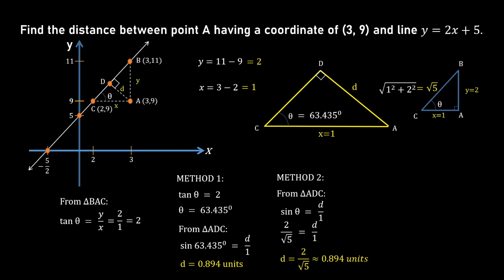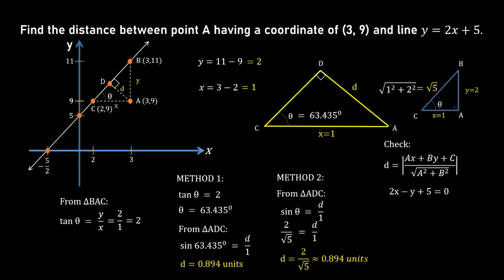So to verify whether our answer is right or wrong, let's check it by using the derived formula given by this equation. So the first thing we need to do is to transform the equation of the line into its general form. That can be done by simply transferring this term to the other side, and we will get 2x minus y plus 5.